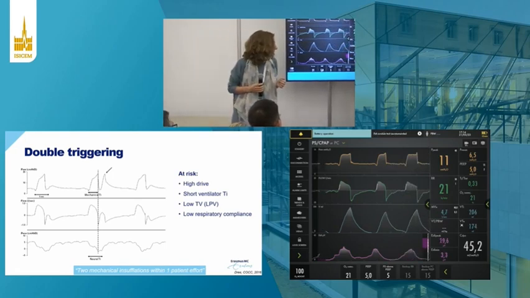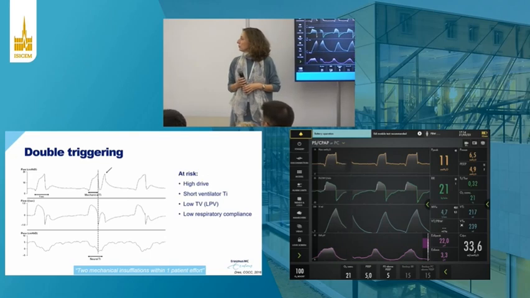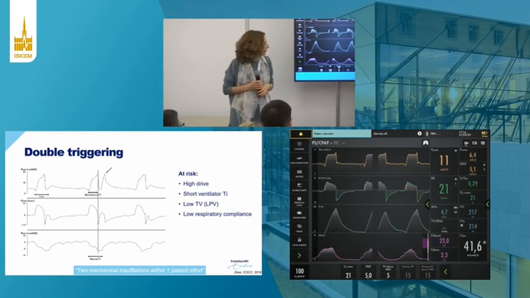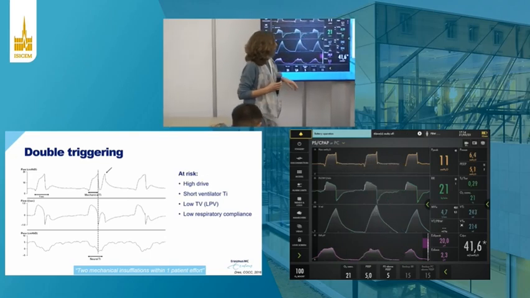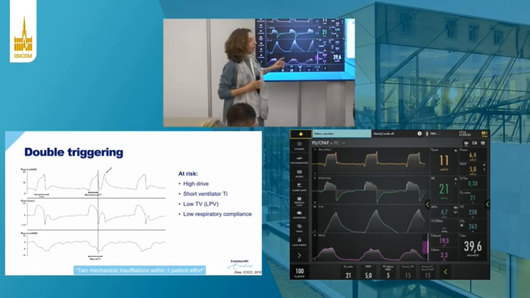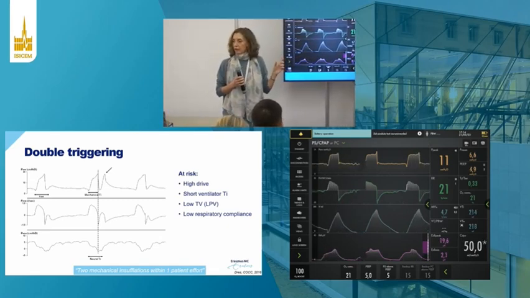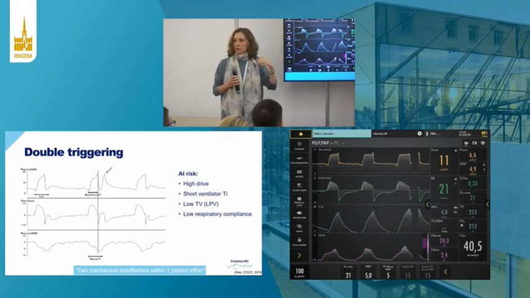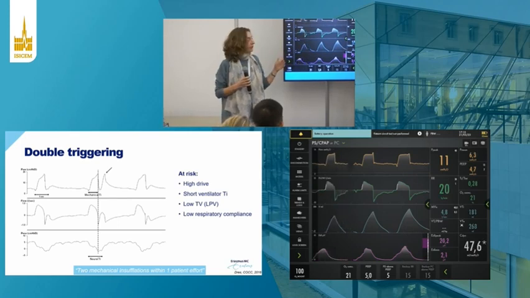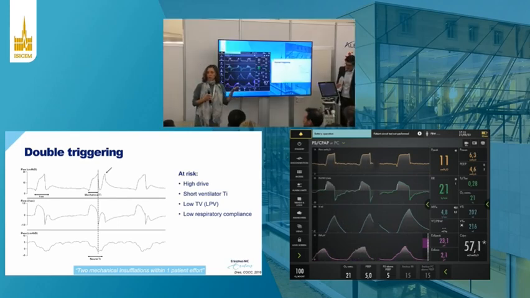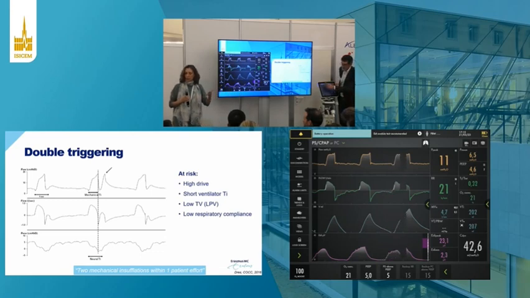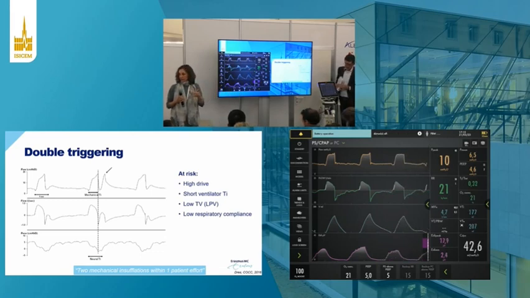Okay? So maybe we need to discuss how we're going to solve this problem? Yes. So on the ventilator, you have this option of choosing in pressure support the cycling off criteria that defines the % of peak flow at which the ventilator will cycle off. So the first step you would take, if you see this, is to allow the flow to go lower, to 10, 5%, and see if this solves the problem.